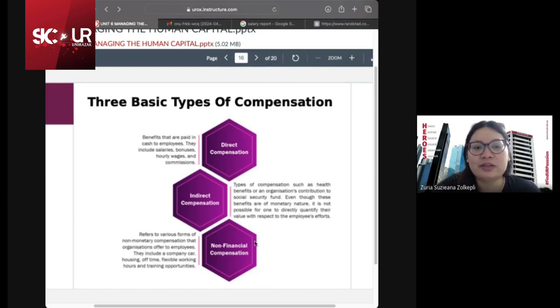And then non-financial. This one includes, for example, flexible working hours. Training is actually one of compensation because we try to reward you with new knowledge for free. I really like the fact that I can ask for any training here in this organization.